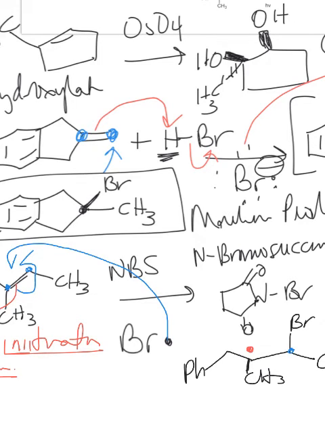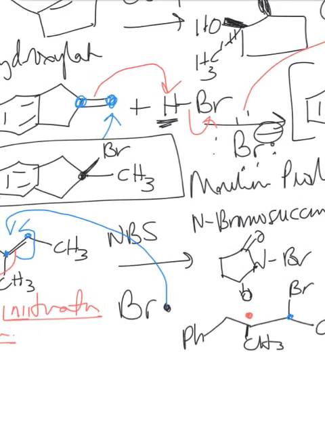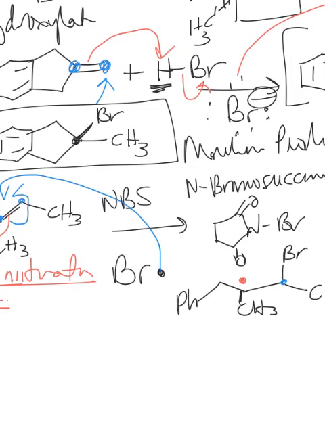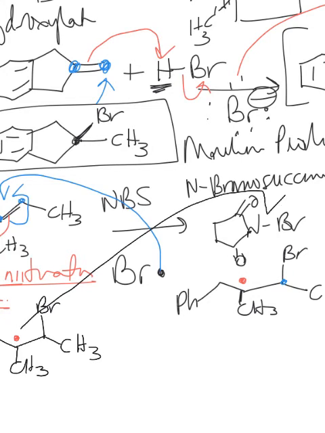Okay, so we're still doing propagation because we have a free radical. And in your propagation steps, your new free radical is going to have to generate another radical. So this can keep on going. That free radical is going to react with another bromide.